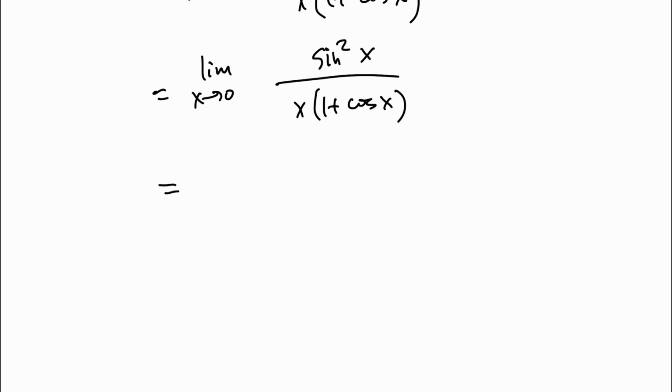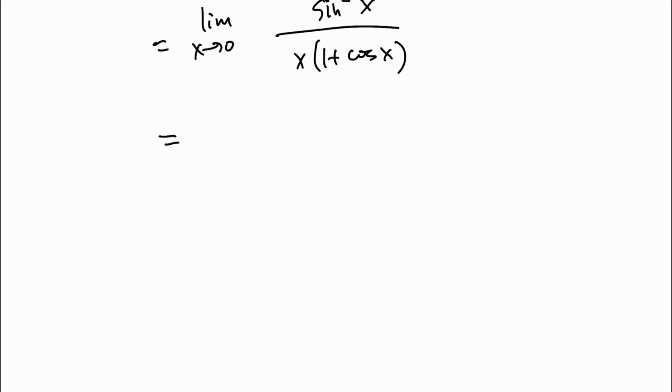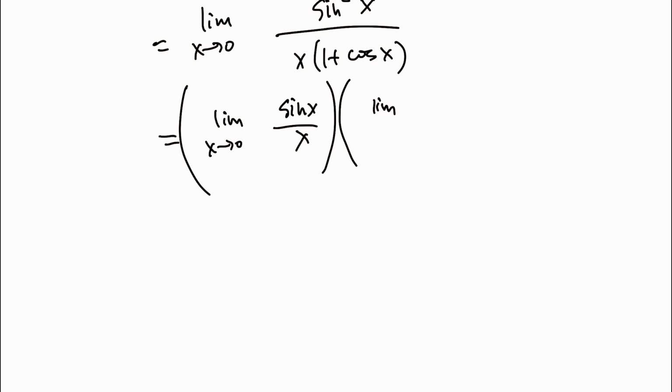We can separate the sine squared of x into sine x and sine x. So that would be the limit of sine x over x, multiplied by the limit as x approaches 0 of another sine of x over 1 plus cosine of x.